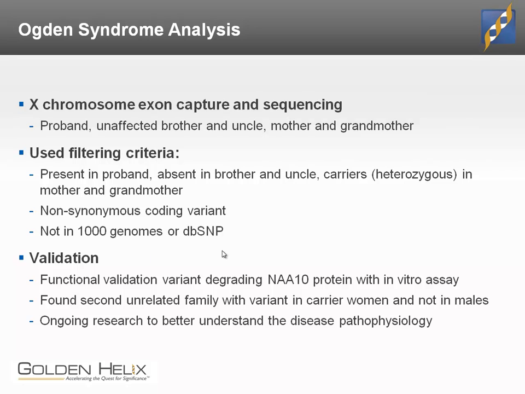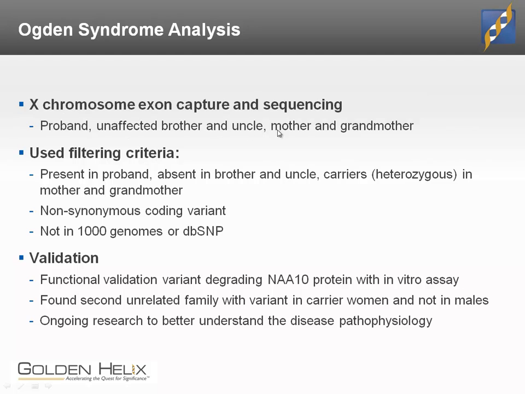In this case, because it was X-linked, they got an X chromosome exon capture kit. So rather than a whole exome capture, which wasn't quite as powerful at the time, once we know that it's the X chromosome, we can get more sequencing coverage. This is just covering the coding regions, or the exons, of the genes that reside in the X chromosome.